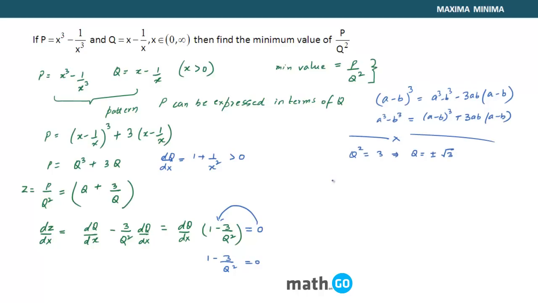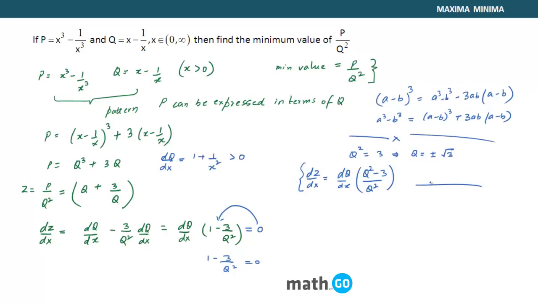So if you draw the wavy curve, let's say I'll again say what is dz by dx. You have dq by dx, and if I take the LCM, it will be q square minus 3 by q square. So the critical points: the sign of this particular quantity is only dependent on the numerator, that is q square minus 3.